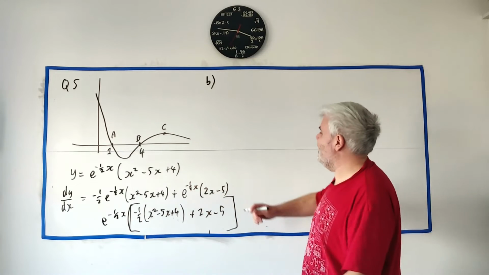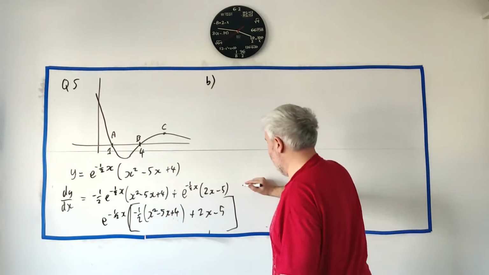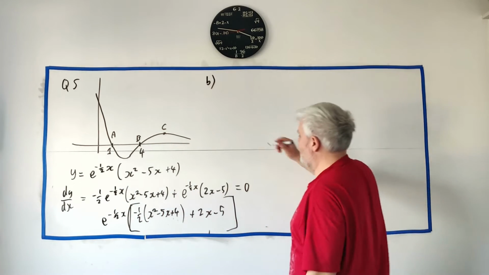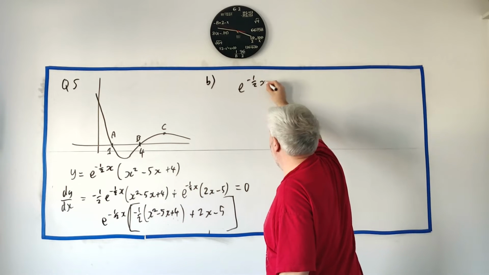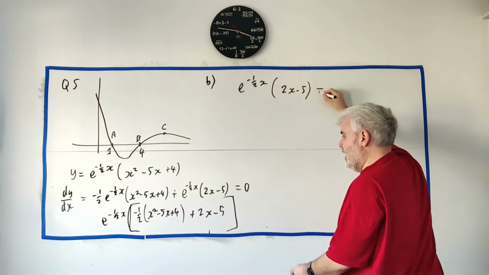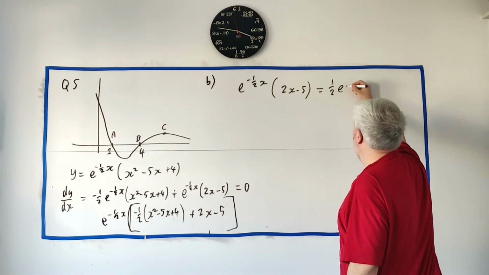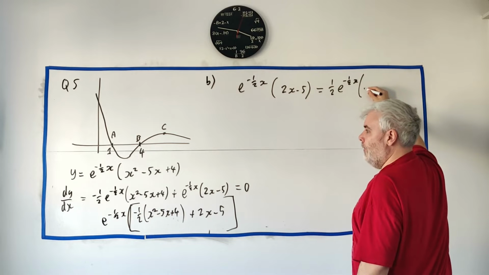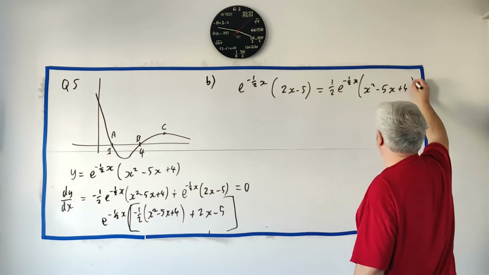But as I look at it, I think it's probably easier for a lot of students to write all of this equals 0. And then let's just move one of them over the equal sign. So we leave this guy where he is. e to the minus a half x multiplied by 2x minus 5 equals, this comes over the equal side, half e to the minus a half x, x squared minus 5x plus 4.